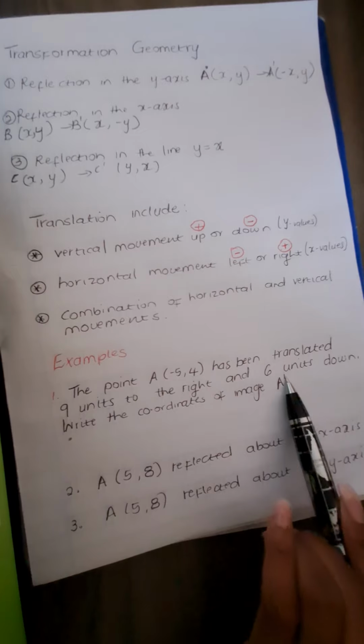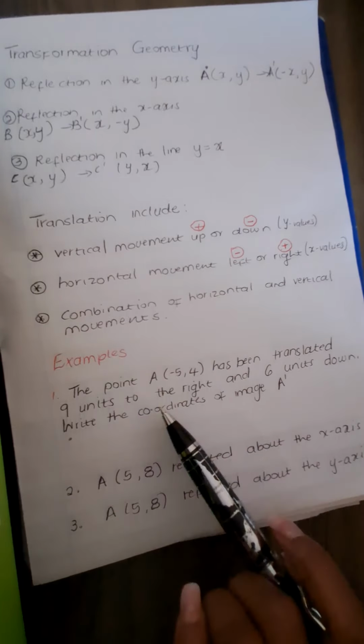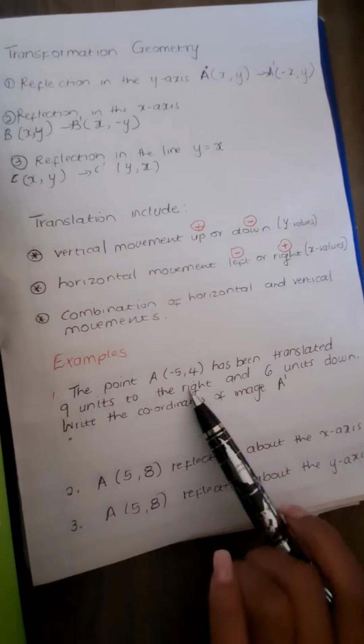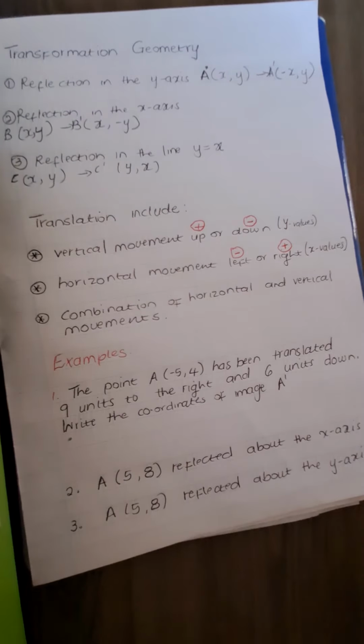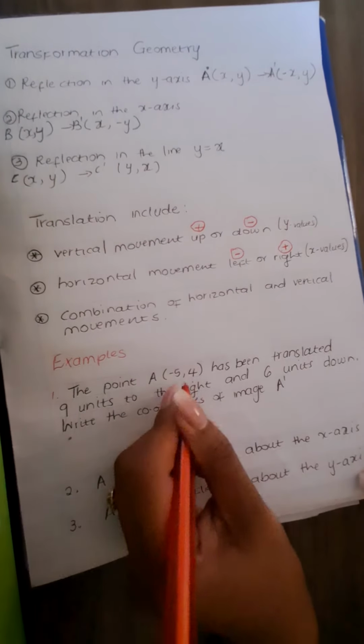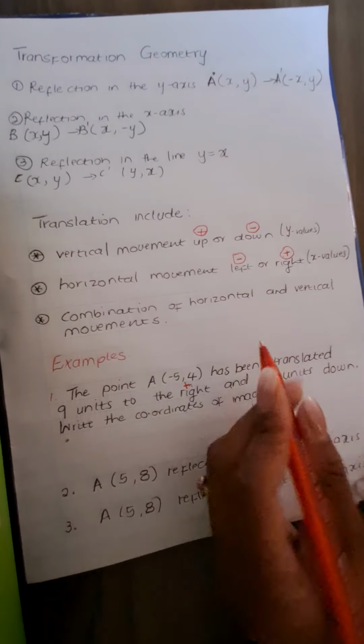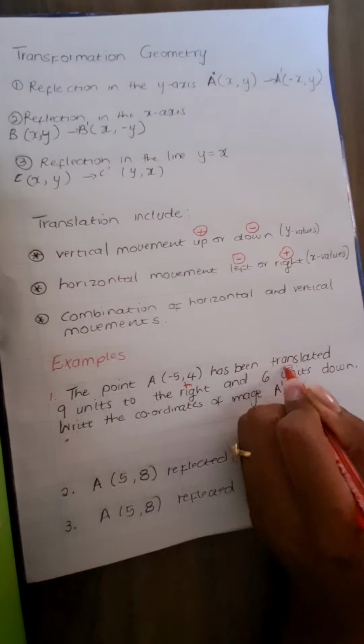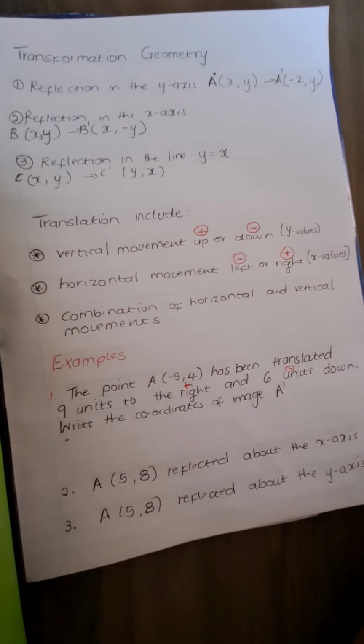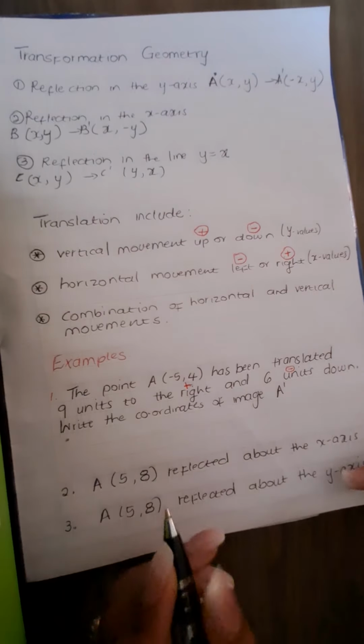If you can see, they are having a prime there. We said right means positive, 9 units to the right, and then 6 units down, we said down means negative. So now we need to write the new image.